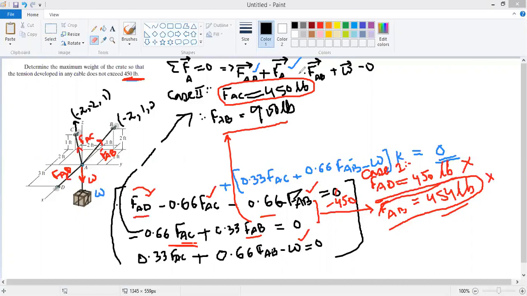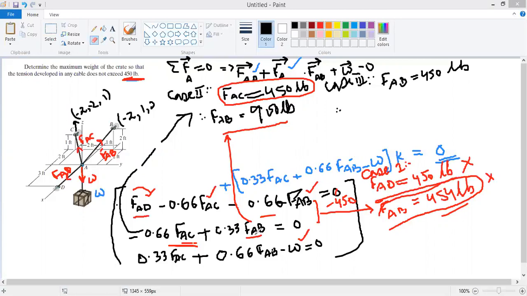So let's take case number 3. Let's say FAB is equal to 450 pounds. As we are assuming FAB is 450, from this equation we will obtain the value of FAC.